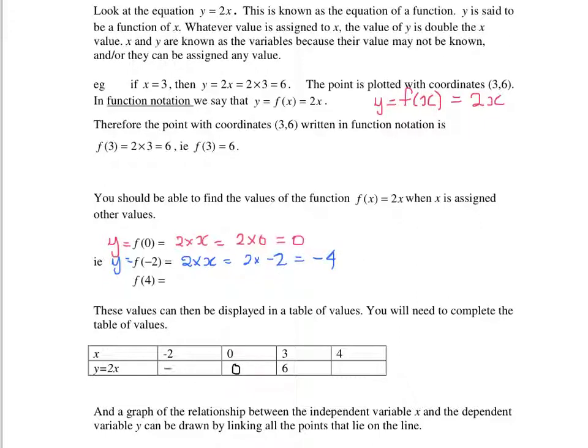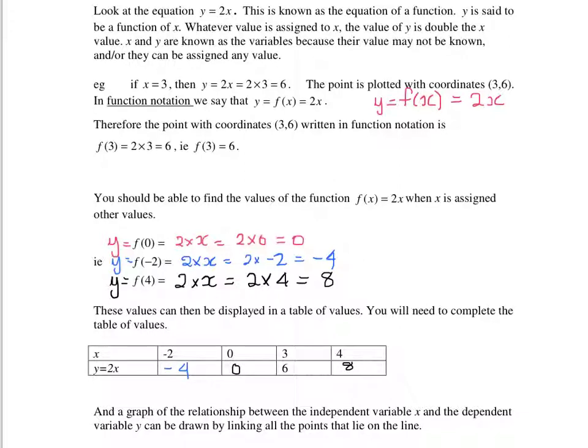So the value of y, the value of the function when x is equal to -2, is -4. And similarly for our last point, when x is equal to 4, we plot the function. When x is equal to 4, y is 2 times x, that's the rule. 2 times 4 is equal to 8. So there's my point, 8.